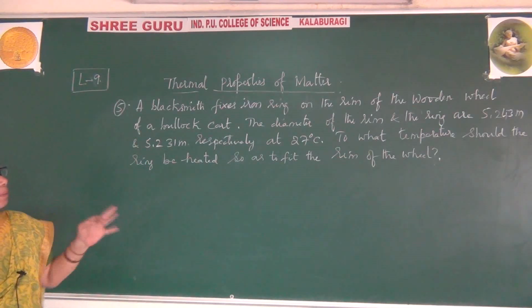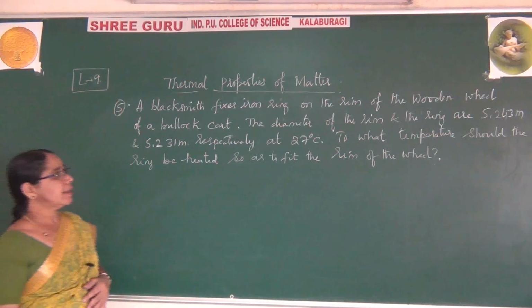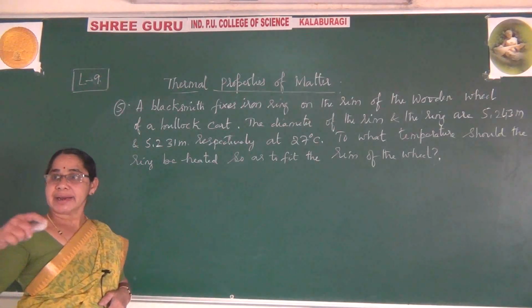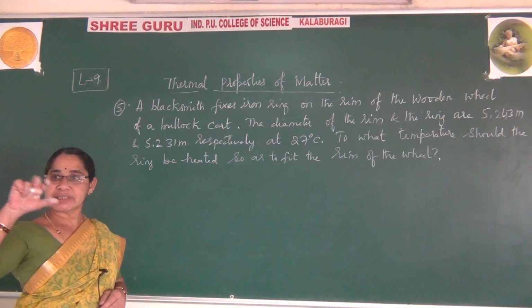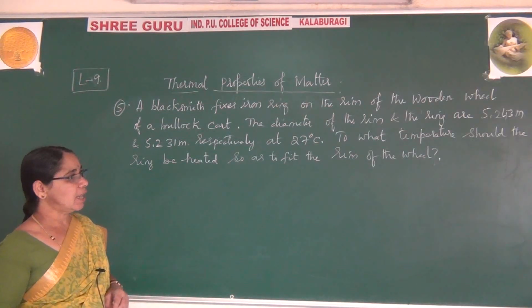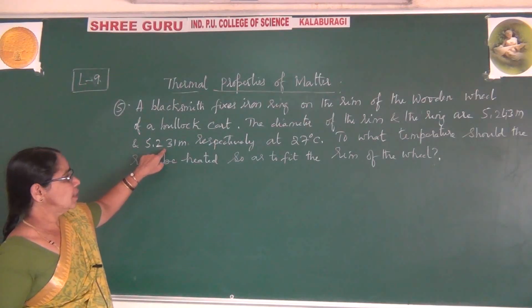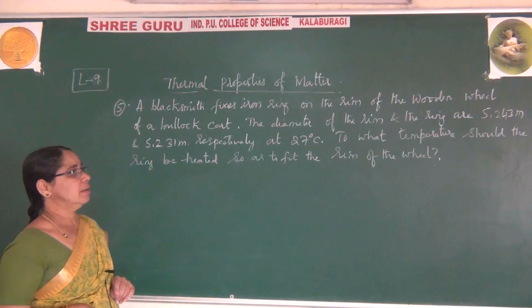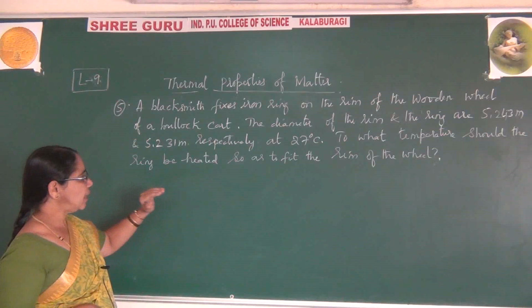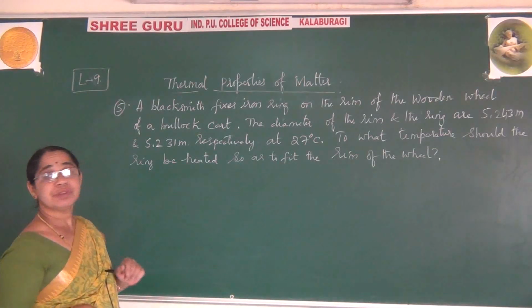Now the diameter of the ring is given, and they are fixing that ring on the bullock cart. They have given 2 lengths, and the temperature is given. To what temperature should the ring be heated so as to fit the rim of the wheel?